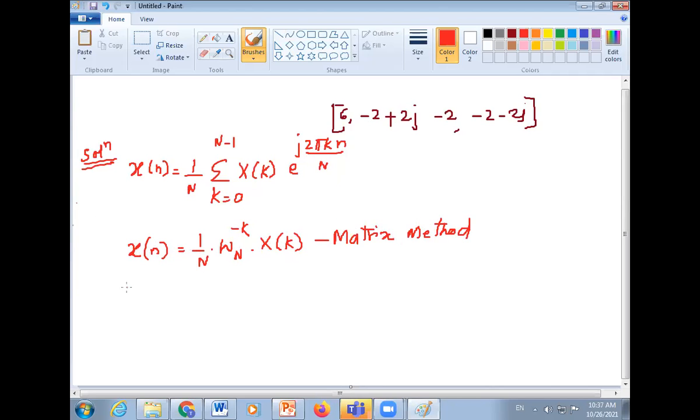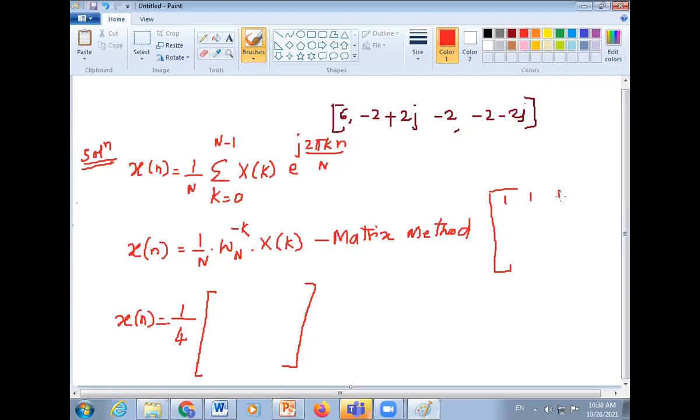Okay. Now we will write it like this. x of n is equal to 1 by N. What is the value of N here? 4. Okay. And here we have to write a matrix for this 4-point matrix. I had told you yesterday to remember the matrix. I don't know how many of you remember that now. So we will write the matrix for omega to the power nk here.